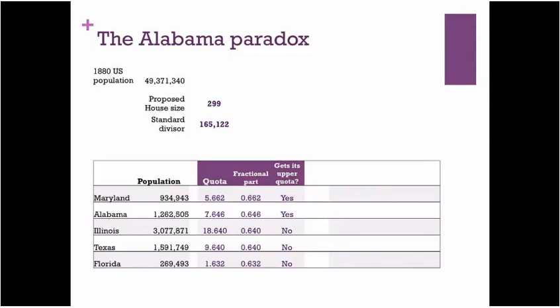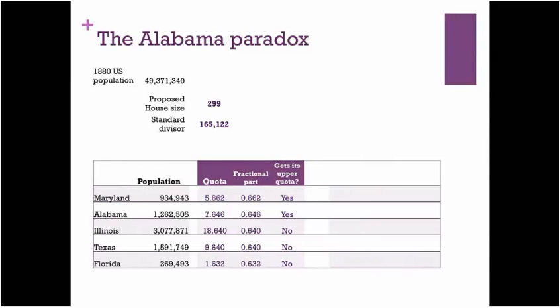Okay, so Maryland's fractional part is 0.662, which is larger than Alabama's fractional part, which is 0.646, and so on. Okay, so here are the 5 in the middle of the list. Now, it turns out that if you follow Hamilton's method, you give out the seats initially, and then you start to worry about the leftovers, that you run out of leftover seats when you get to Alabama.